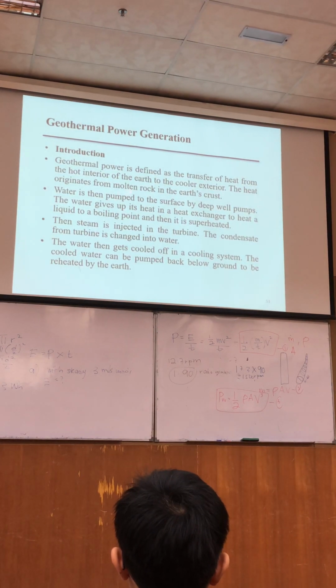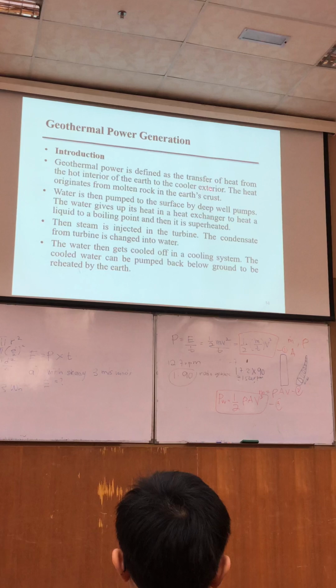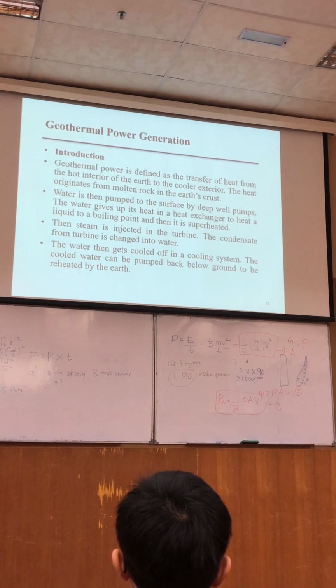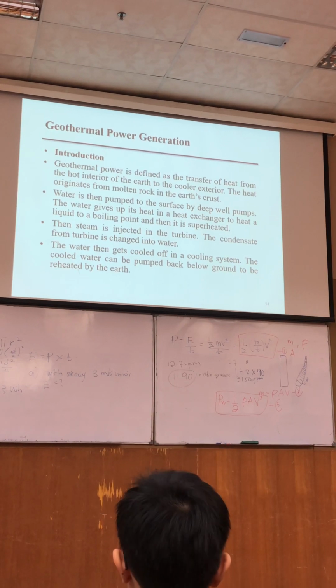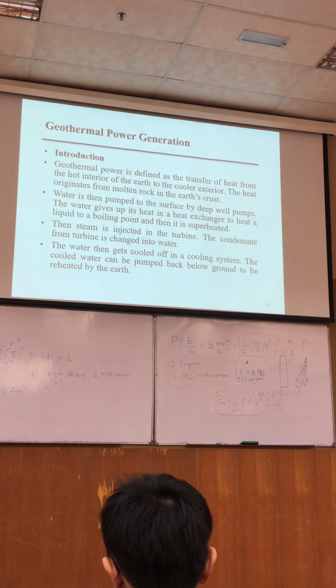So geothermal power is defined as the transfer of heat from the hot interior, daripada bawah tanah, of the earth to the cooler exterior. The heat originates from molten rock, magma, in the earth crust, kerak bumi.